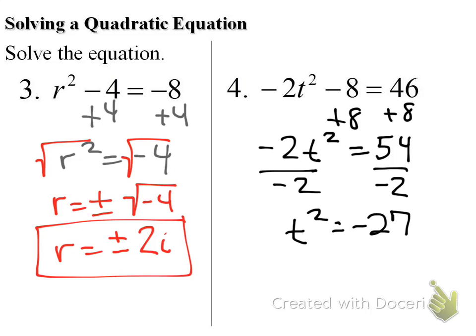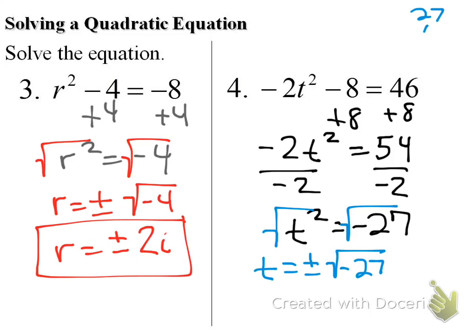Thank you. Square root of both sides. That would give us t equals plus or minus the square root of negative 27. How am I going to find out the square root of 27? Factor tree. So that's going to be 3 and 9, 3 and 3.